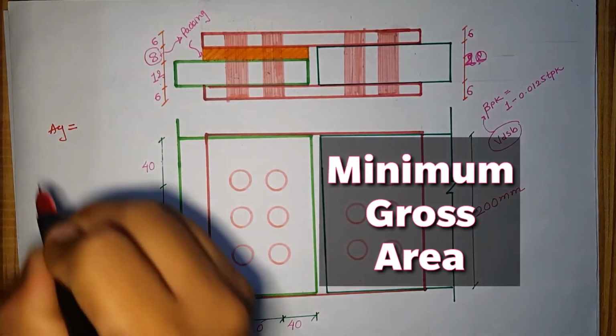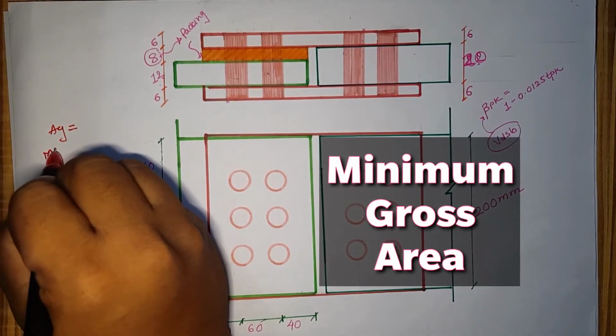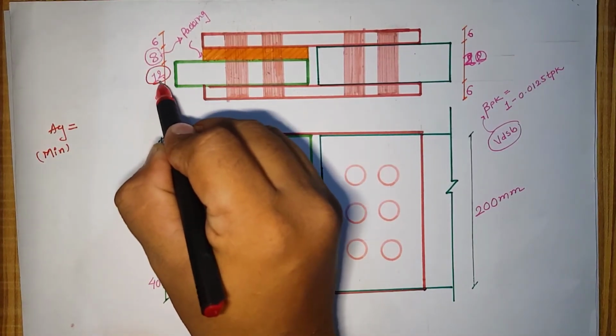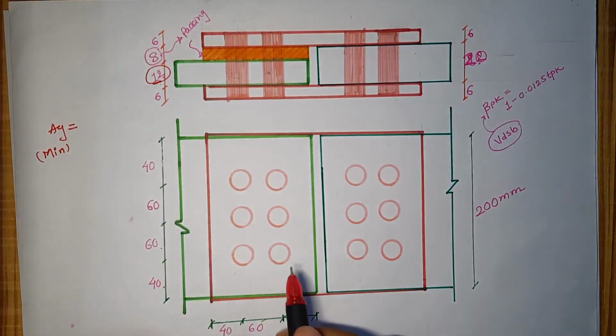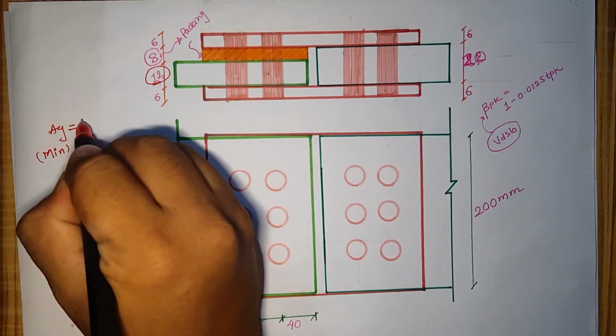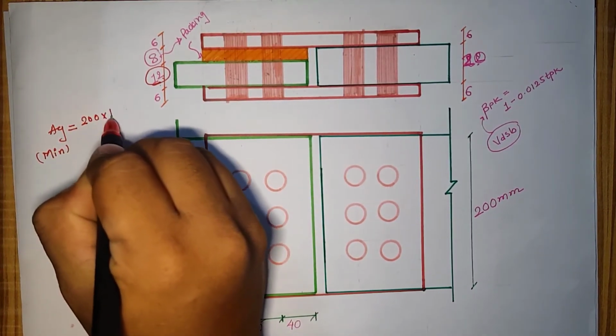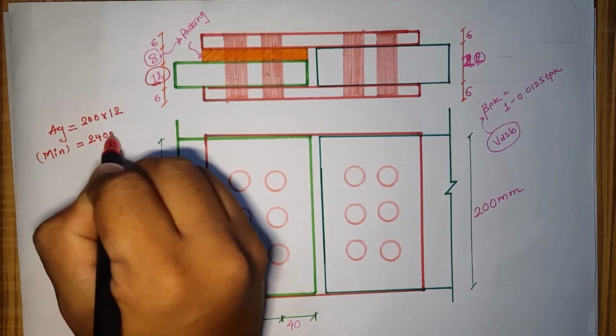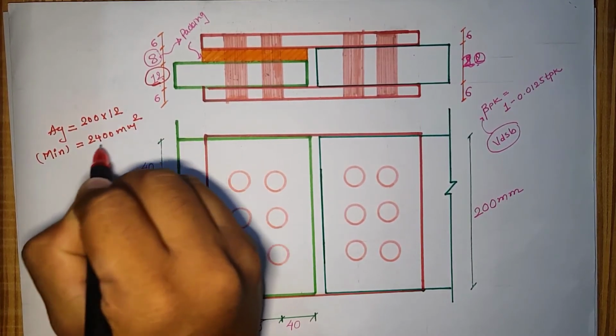Now from the detailing work, first of all we are going to calculate the value of AG, but AG is the minimum of the total gross area. If we take the 12 mm thick plate, then we will get the minimum area. So AG is 200 cross 12, which is equal to 2400 mm square.